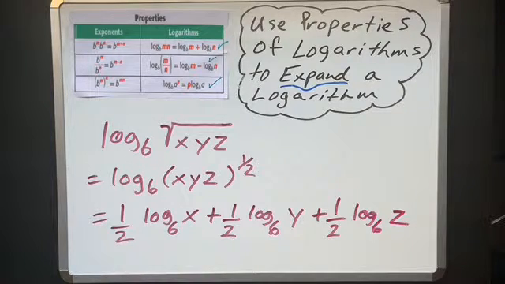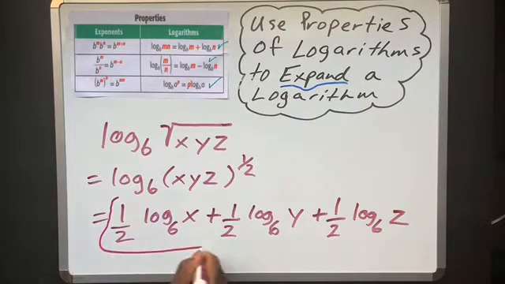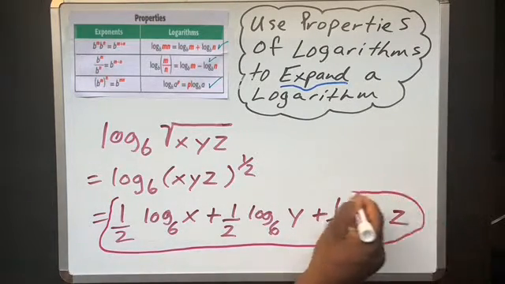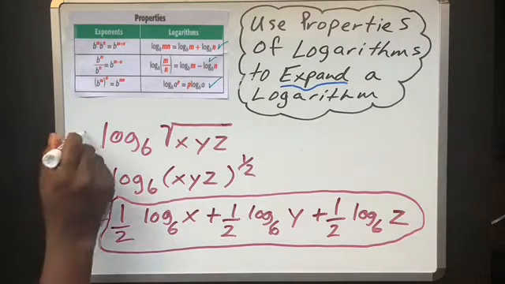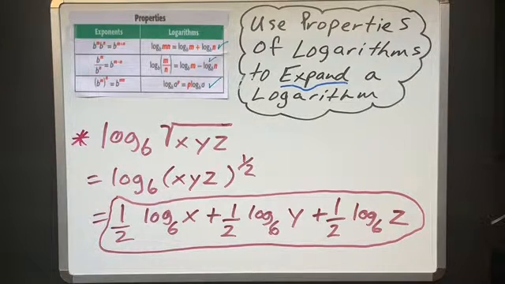Very good. So that's how you write this original logarithm in an expanded form. And I'll just make it clear that all of this is our final answer. This is the expanded form of this original logarithmic expression.